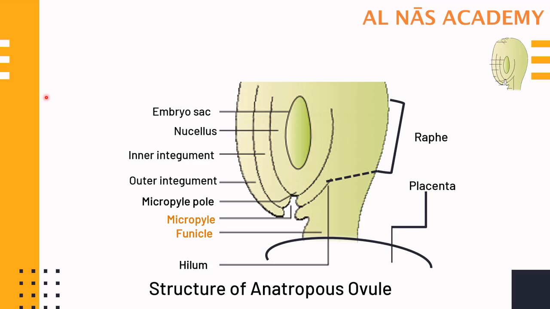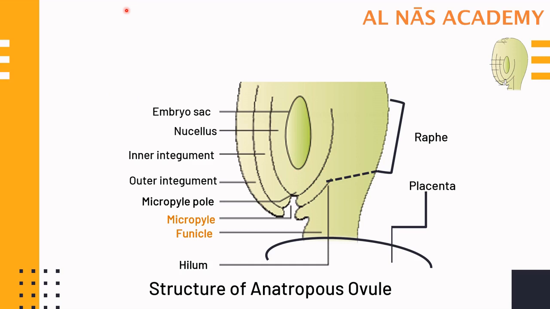Generally, the nucellus is absorbed or lost during the development of the embryo, but sometimes the nucellus remains when the seed is formed. We will discuss it later. One of the cells at the micropyle becomes bigger and is termed the megaspore mother cell.